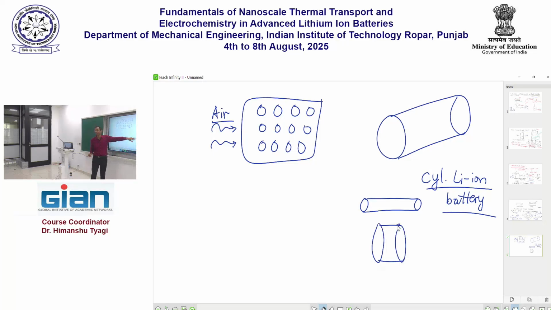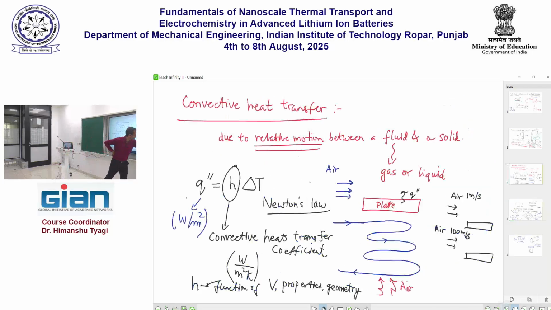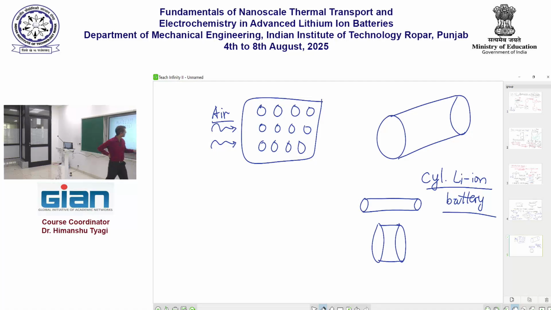The volume is the same in both of them, but the surface area is different. Correct? And the amount of surface area available for heat transfer makes a very big difference, as you can see in this equation. This equation says that the larger the surface area, the greater will be the heat transfer that will occur, right? And therefore, as a battery manufacturer, from a heat transfer point of view, you want to maximize the surface area available for heat transfer.